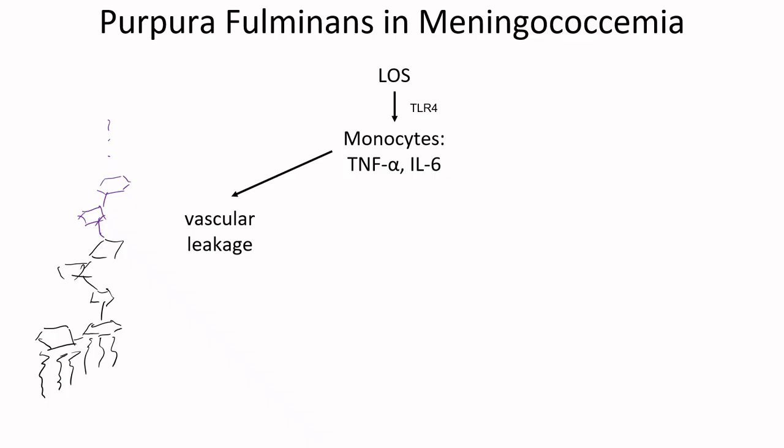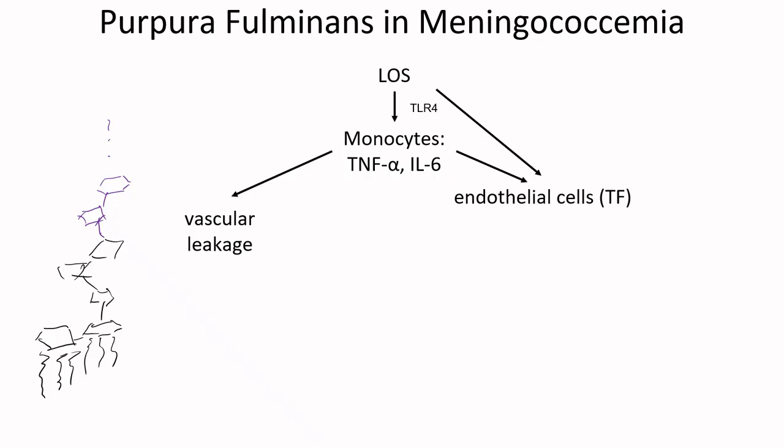What seems to be going on here is that endothelial cells also react to this LOS via toll-like receptor 4, either directly to the LOS or to the cytokines released by the monocytes.